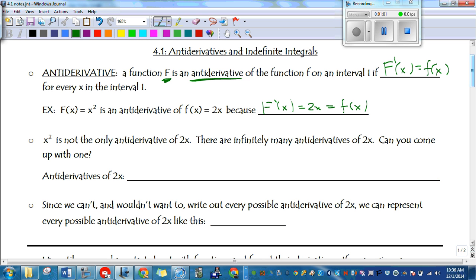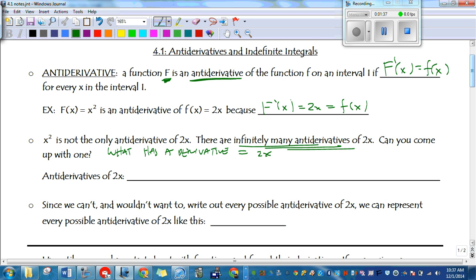But x squared is not the only antiderivative of 2x. There are actually infinitely many antiderivatives of 2x. Can anybody else come up with one? So basically, what you're asking yourself is, what has a derivative that's equal to 2x? We already established x squared is one.